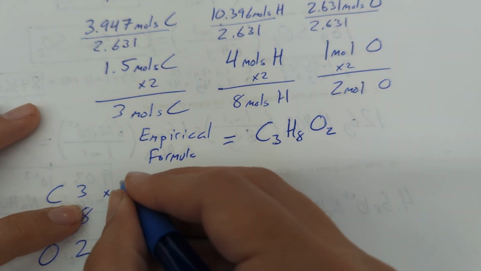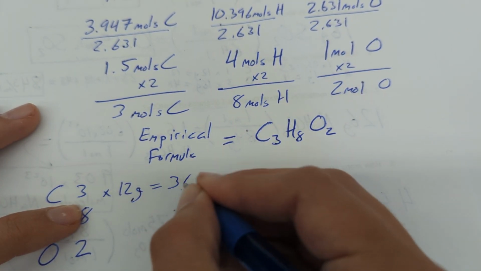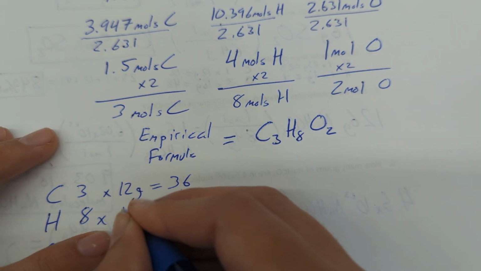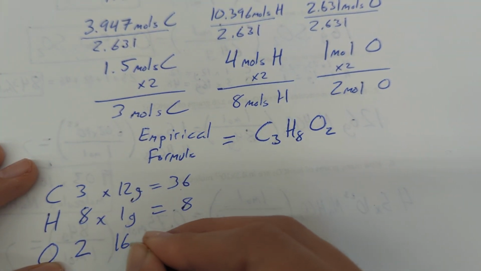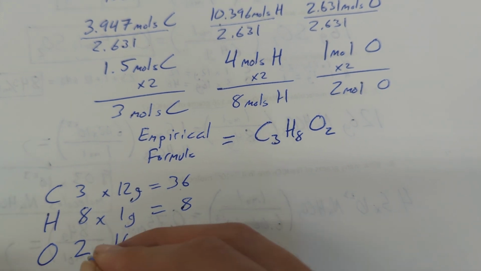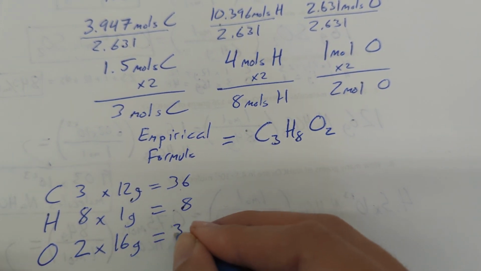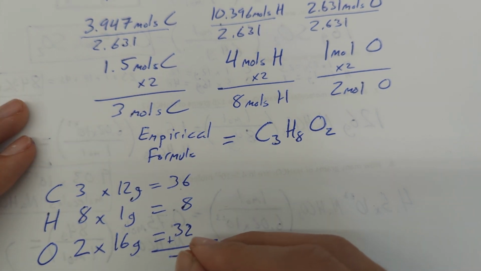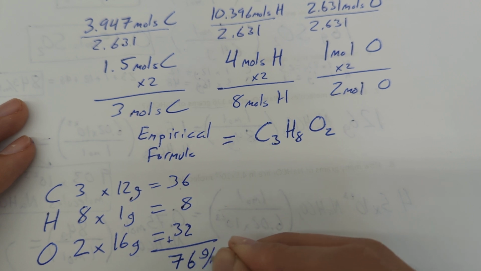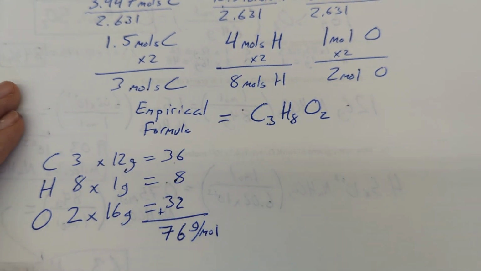So if we had 3 carbon, they each weigh 12 grams, that would be 36 grams. Hydrogen, they each weigh 1, so we have 8, so that would be 8 grams. And oxygen, each weighs 16, so that would be 2 times 16 is 32. And if we add that all together, we should get 76 grams per mole.